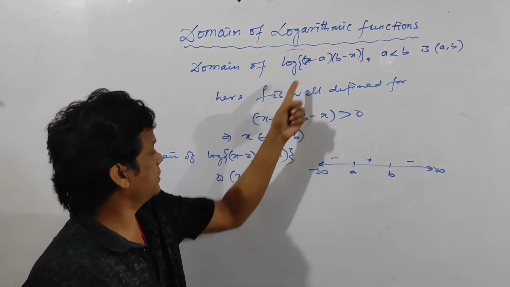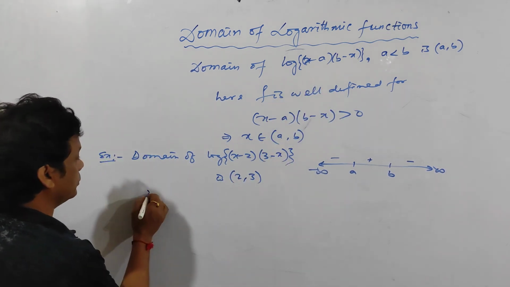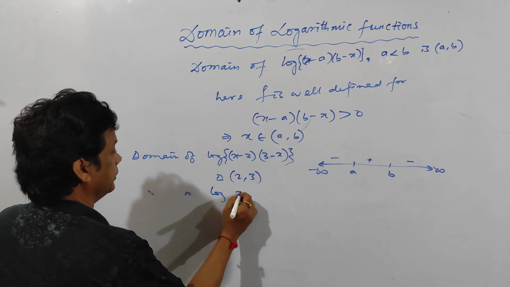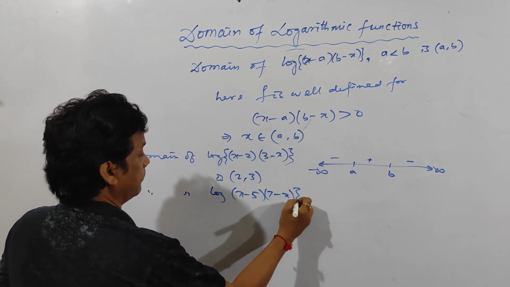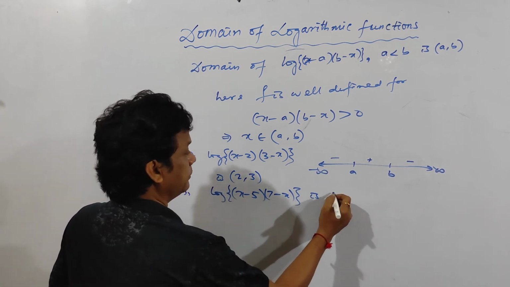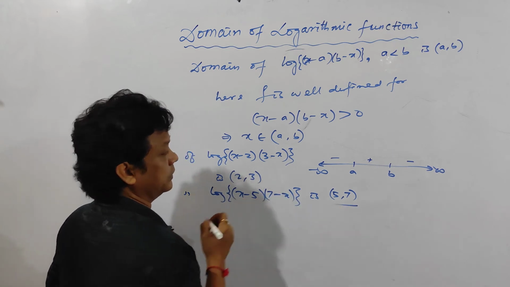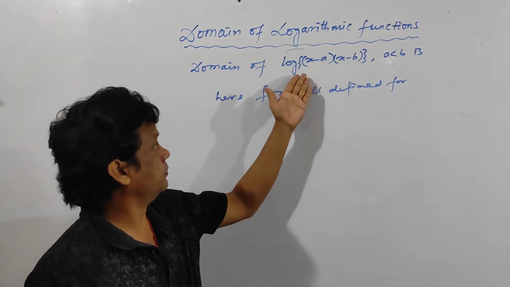See here, in place of a I have written 2, in place of b I have written 3, so simply 2, 3. Now the domain of log of x minus 5 into 7 minus x is, what is the answer? 5, 7 open interval. So this is the answer. Clear?